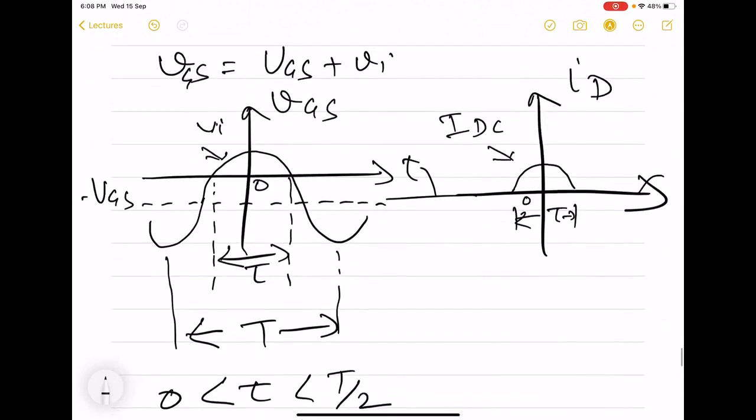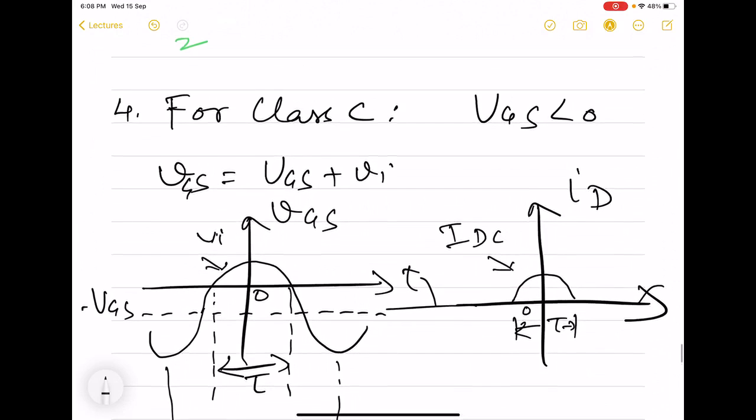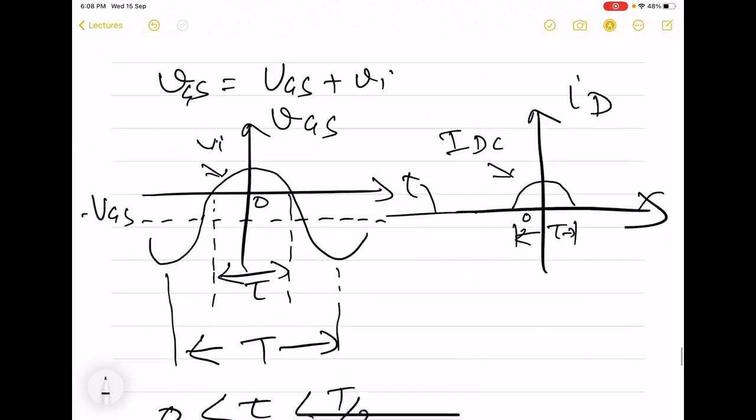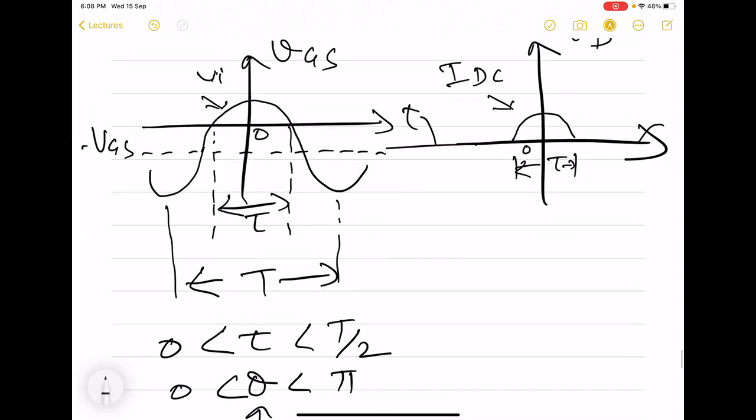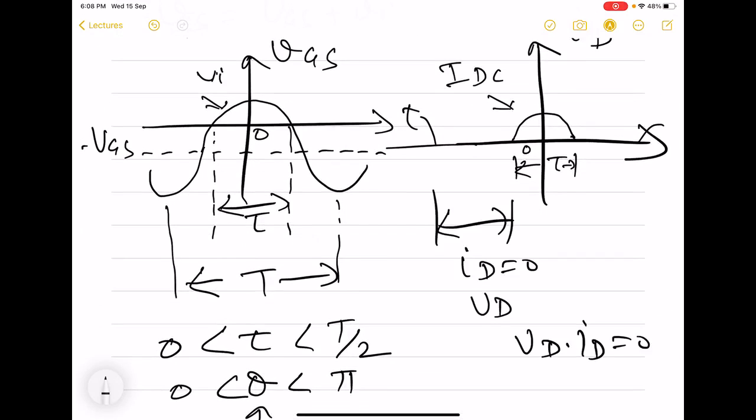And in fact, if you go to these linear classes and try to see why we kept on reducing this conduction angle, then you can see that the basic idea was to keep this current 0 for more and more duration. So when the current is 0, whatever may be drain voltage for this portion across the MOS, the product of VD and ID is going to be 0.